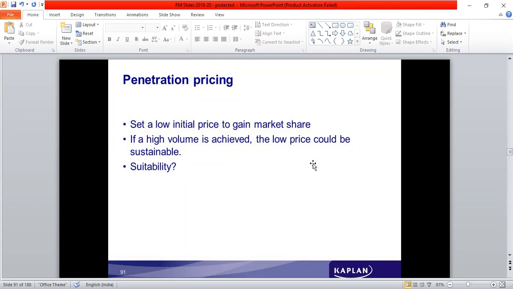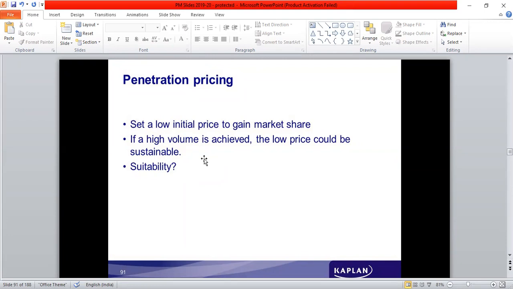If a high volume is achieved, the low price could be sustainable, or gradually they can also increase that. See here, the concept is to enter into the market, explore the market, attract many customers. Their objective is to gain market share, so at a low price.